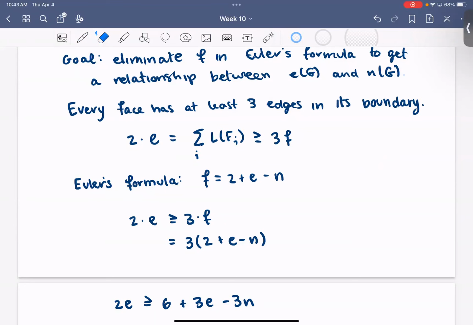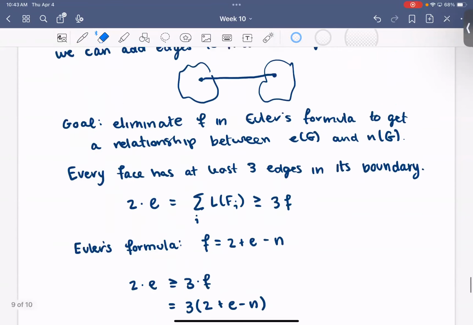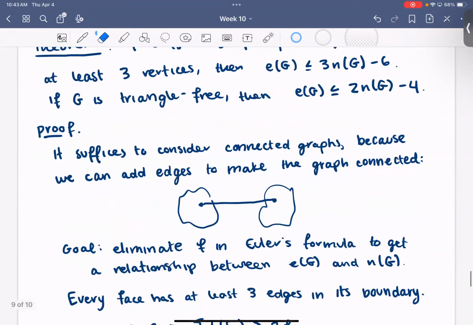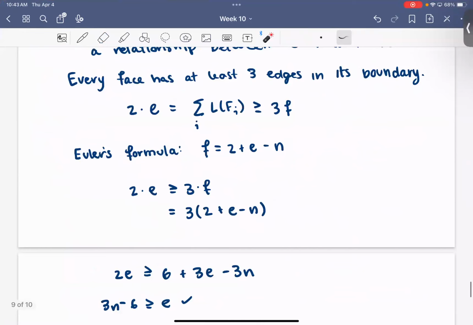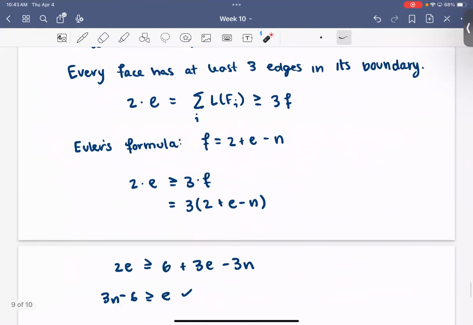Okay, so then for the second part, we also wanted to prove an inequality if this is triangle free. So for that, I'm just going to modify the argument. So maybe I'll just write that in parallel over here.